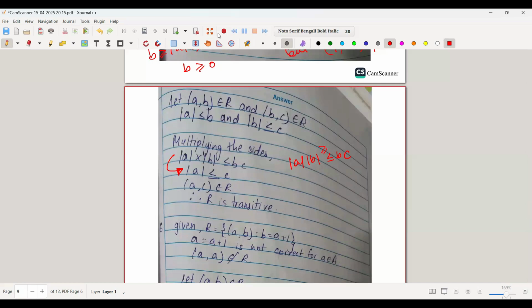But why does it remain less than or equal to? Because only B gets cancelled, so the sign won't change. If you multiply, then mod A into mod B on the left, and B into C on the right. So how can you cancel mod B on one side and only B on the other?